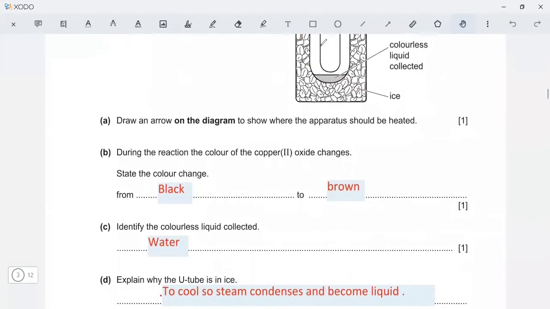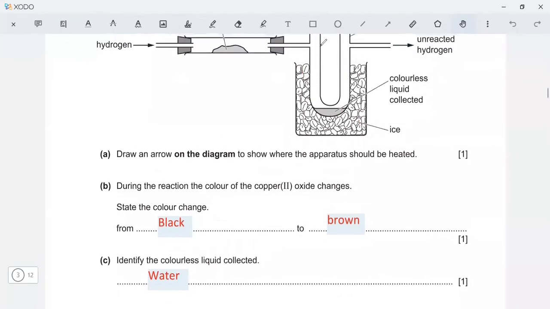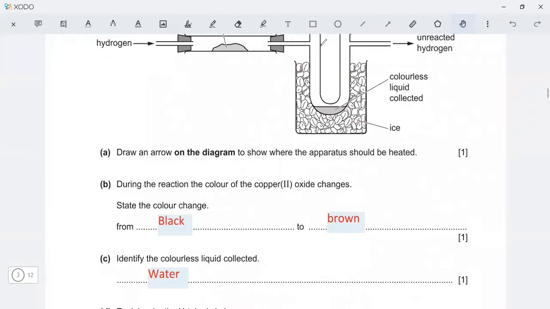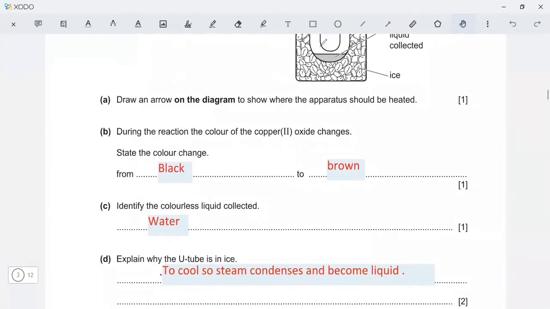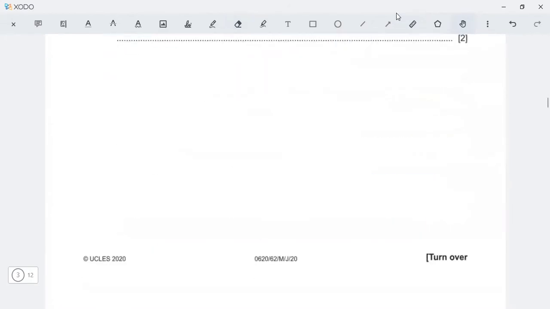Basically to cool the colorless liquid so that the steam condenses and becomes liquid. So for cooling purposes, the steam condenses and becomes liquid. For that, we use the U-tube over here. Clear? Is it clear for everyone?